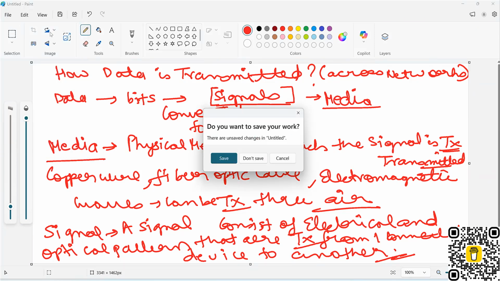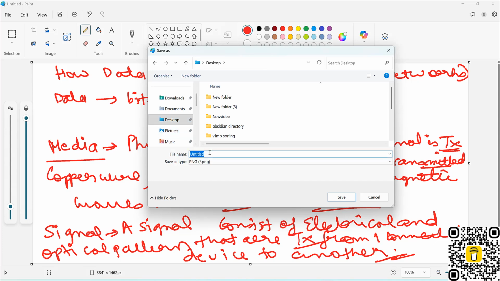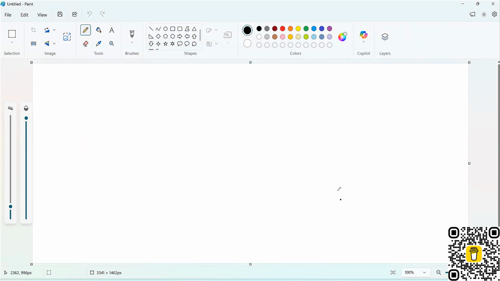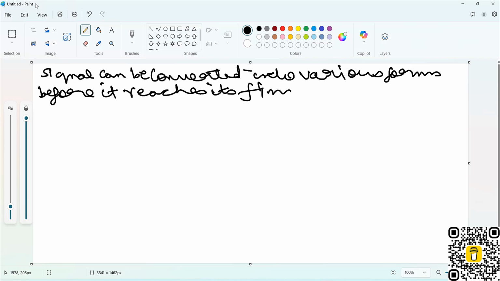So let me take a new page. A signal can be converted into various forms before it reaches its final destination.